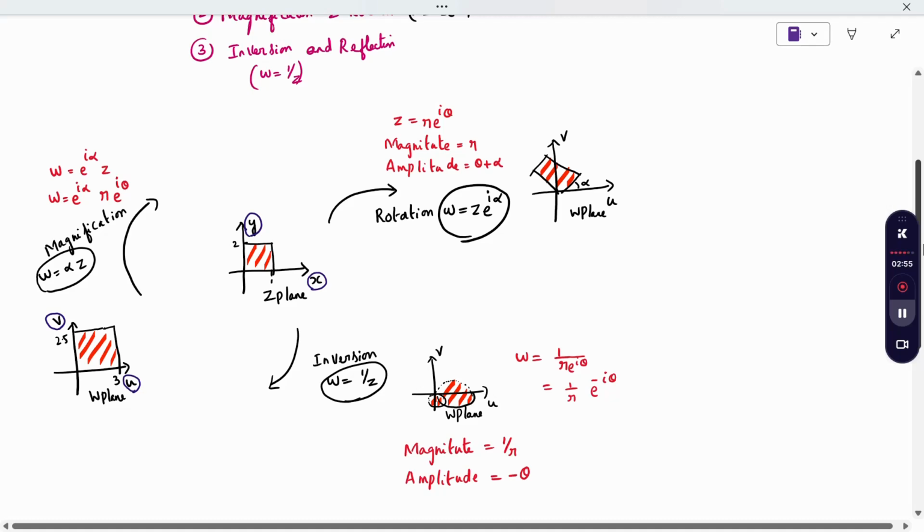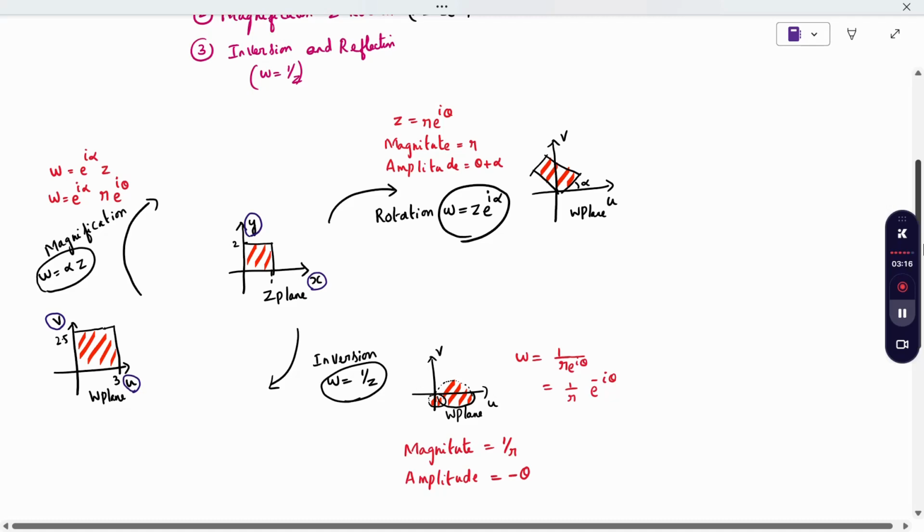For example, the first classification is magnification. W equals alpha into Z is called magnification.